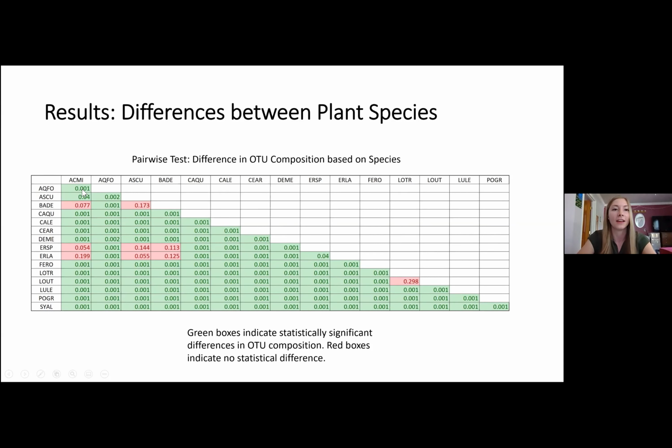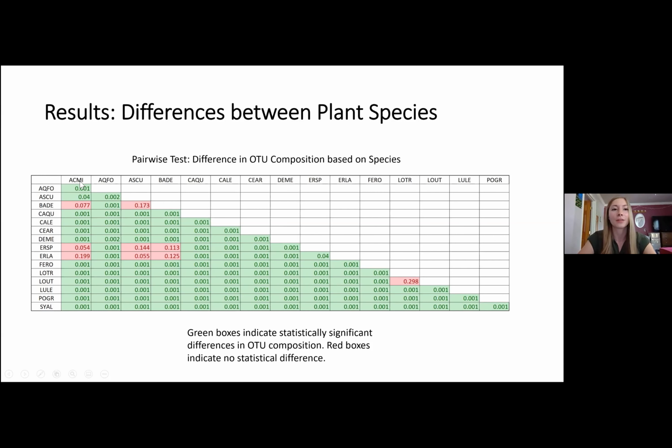This is the p-value between those two plants, and we can see that the p-value is very, very small, much less than 0.05 at 0.01. And that means that there are serious differences in their bacterial OTU compositions. So those plants are different from one another.